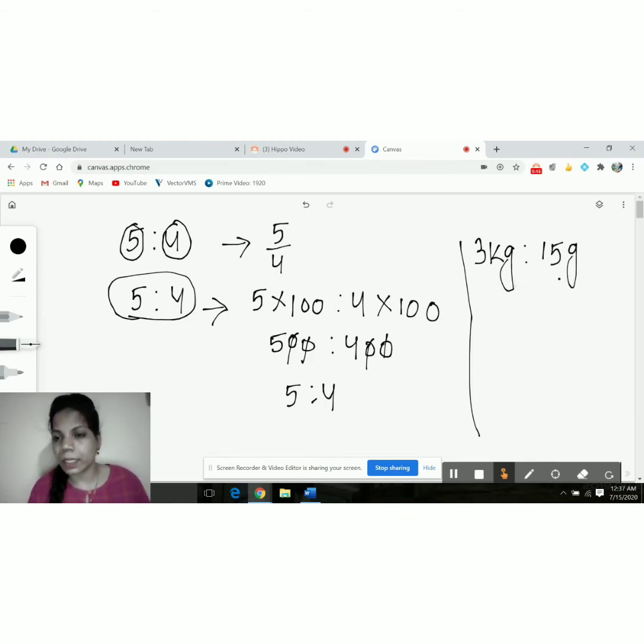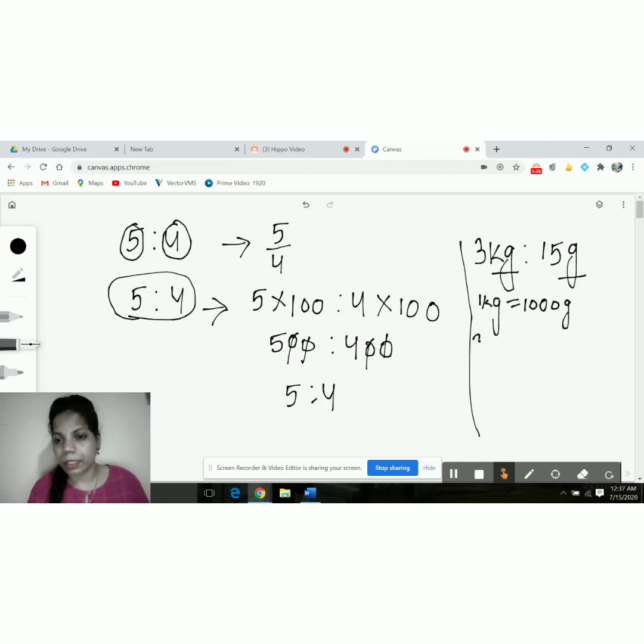So here the unit is in grams and here it is in kg. Now what I have to do? Kgs I have to convert into grams and then we have to compare. Now 1 kg is equal to how many grams? 1 kg is equal to 1000 grams.